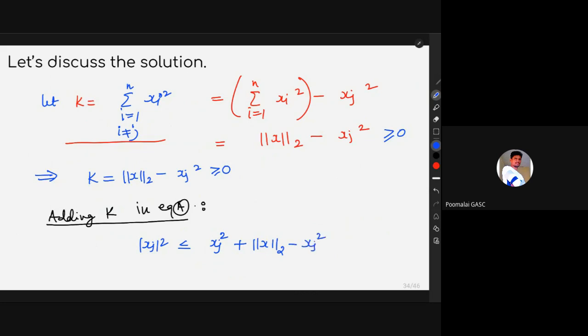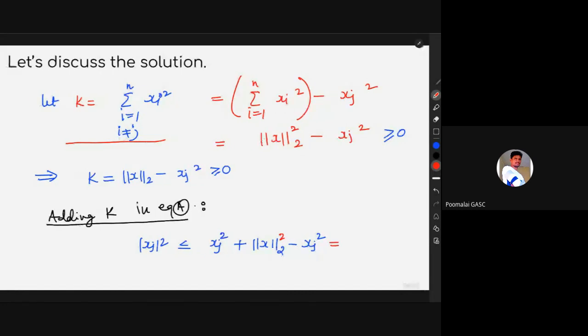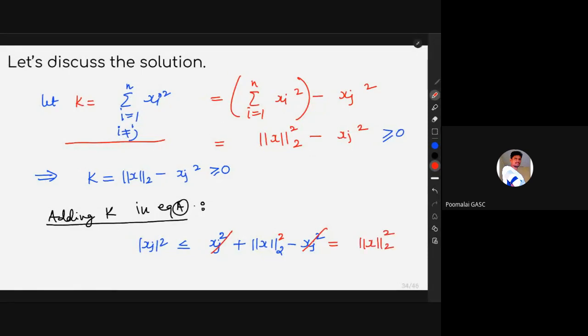Sorry, this is not the Euclidean norm. It is still the square of the Euclidean norm. It is not the Euclidean norm exactly, it is the square of the Euclidean norm. So the square term will also appear here. Now, on the right hand side you can cancel out this thing with this. What is remaining is the Euclidean norm square. And what is the left hand side? The left hand side is the infinity norm square, the supremum norm square.